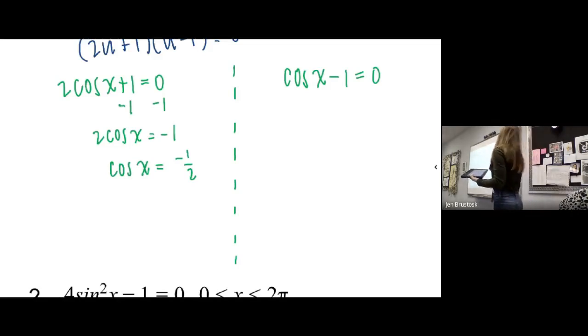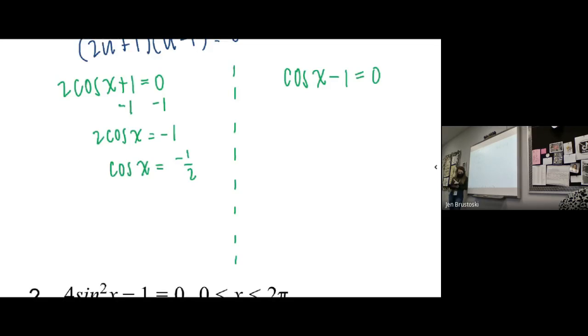So when, in the first quadrant, is cosine equal to 1/2? Jenna? Pi over 3, good.